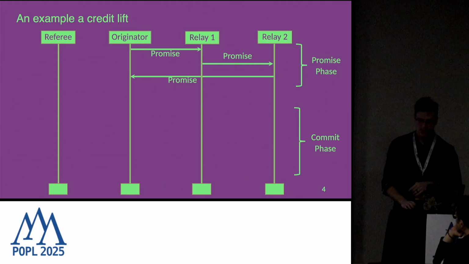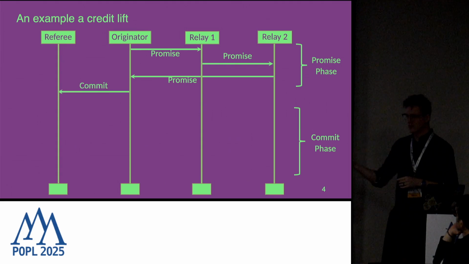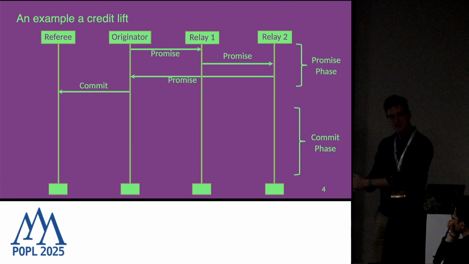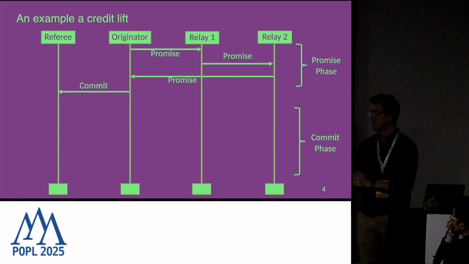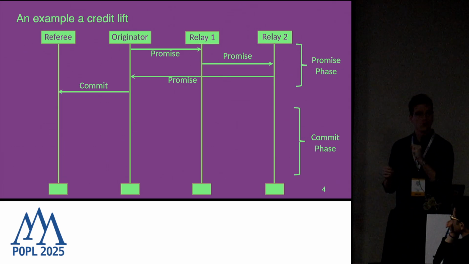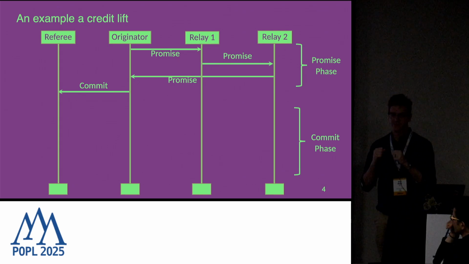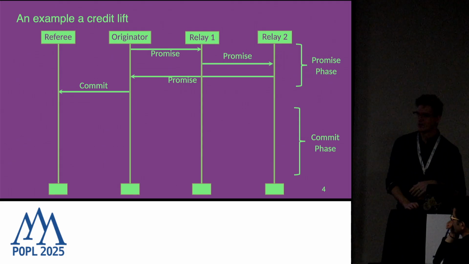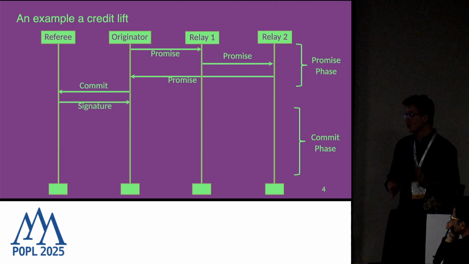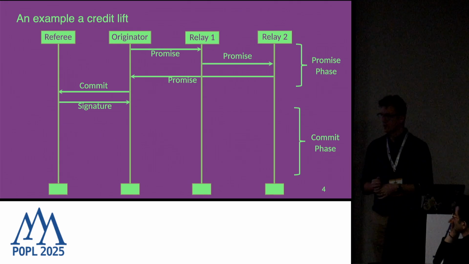At which point, the originator will reach out to the referee and say, hey, I'd like to commit on this lift. The referee will look at its own time and ask, is my timestamp before the given timestamp for this lift? If it is, they'll provide their digital signature. And in this case, they do provide their signature, verifying that it's been completed.